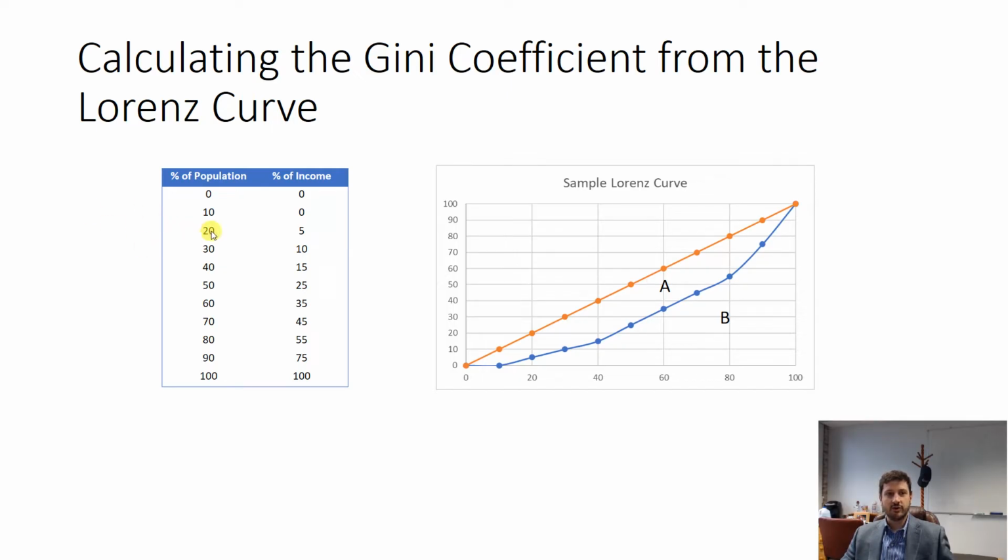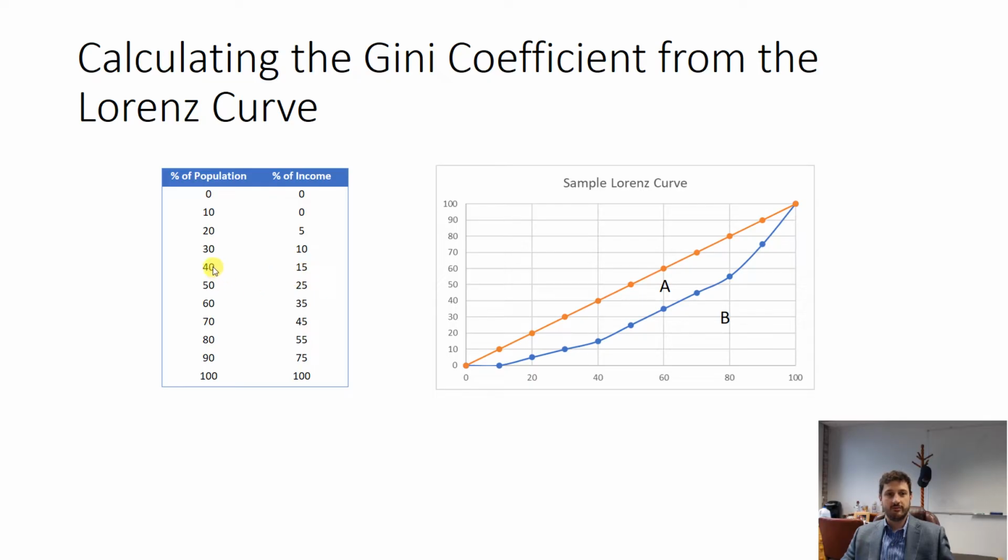And then going from the 10th to the 20th percentile, they get 5%. And then the 20th to the 30th get another 5%, so that's 10%. And then the 30th to the 40th percentile get another 5%, so that's 15%. So each of those deciles get 5% of the income.